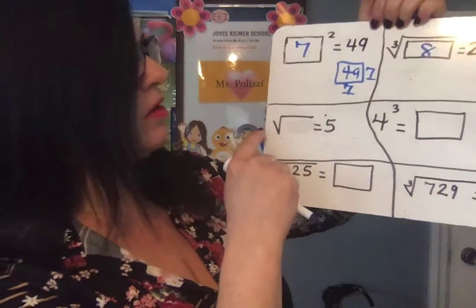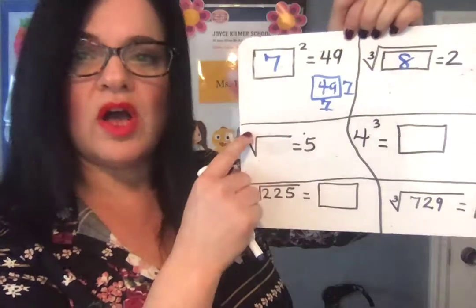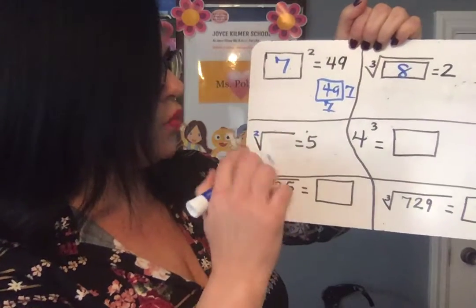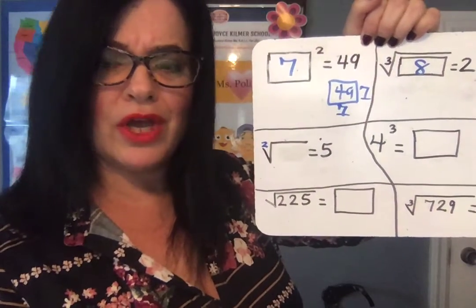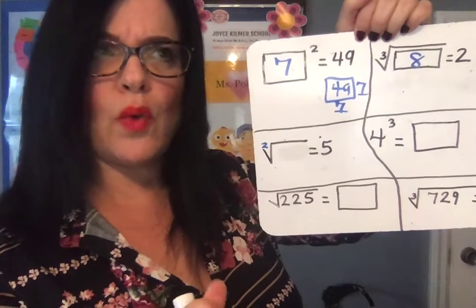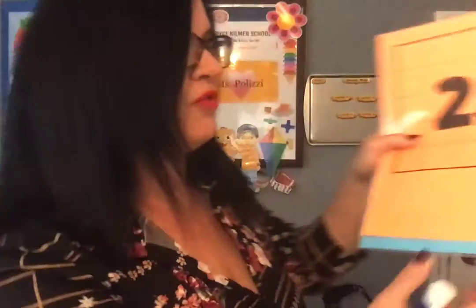Over here, this is a square root symbol. Now, if there isn't a number on the outside of a square root symbol, it is 2. What is the square root of what equals 5? Well, what is a square with 25 units where the root is 5? So what times itself equals 25? Well, let's look at this square right here.